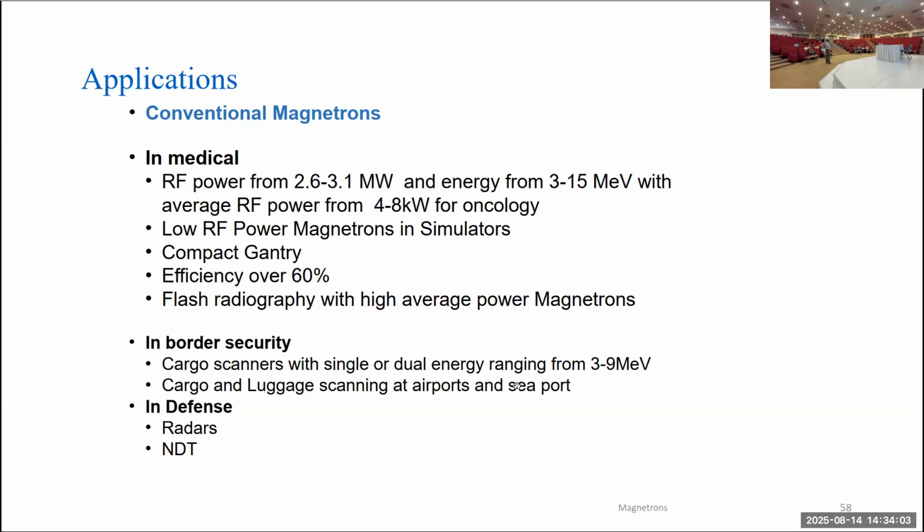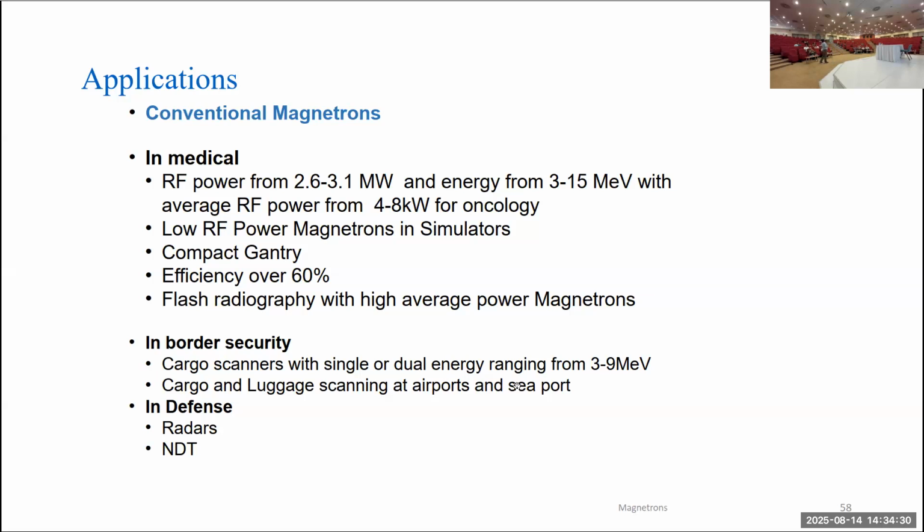In border security cargo scanning with single or dual energy ranging from 3 to 9 MeV, these magnetrons are used. At airports, cargo and luggage scanning is done by these low energy Linacs, which use the magnetrons.